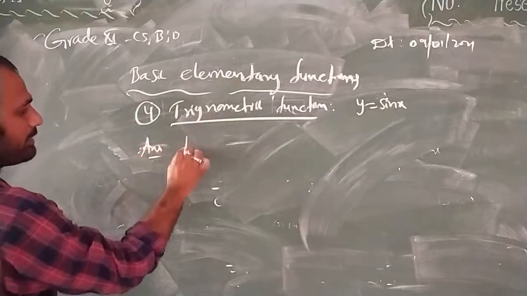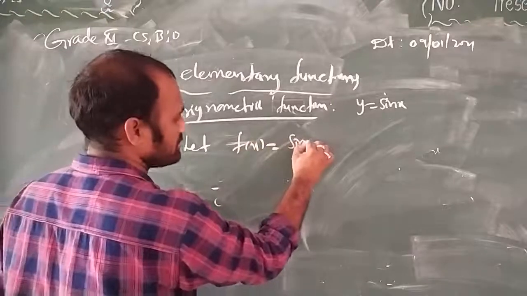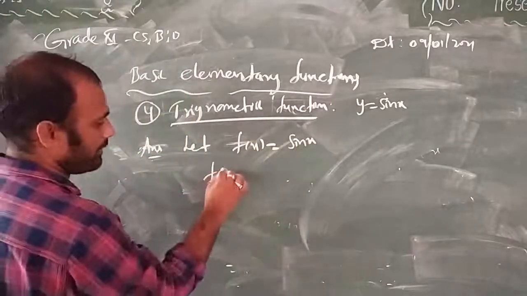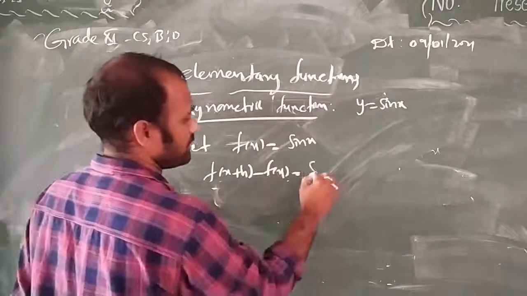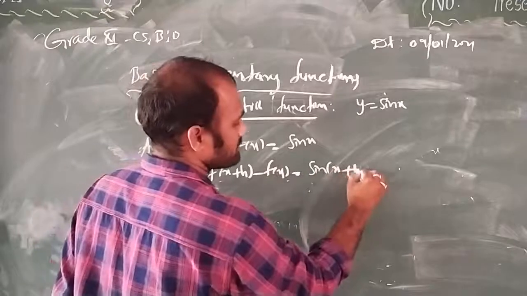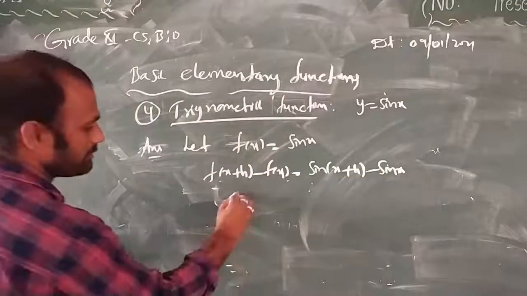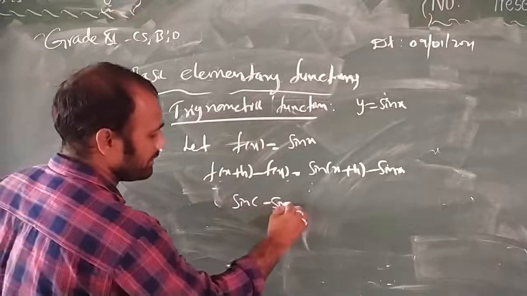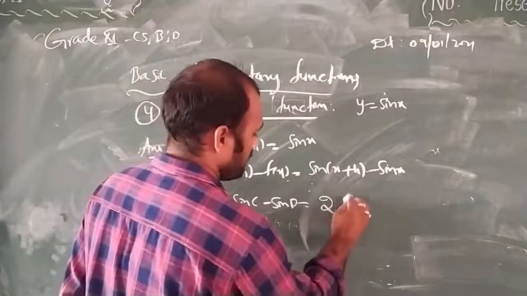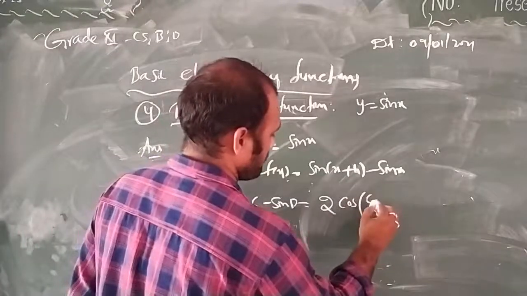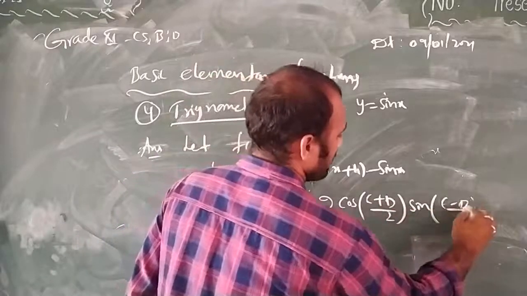So answer: let f of x is equal to sin x. f of x plus h minus f of x, so that is sin of x plus h minus sin x. So it is in the form of sin c minus sin d. Sin c minus sin d we can write as 2 cos of c plus d by 2 sin of c minus d by 2.